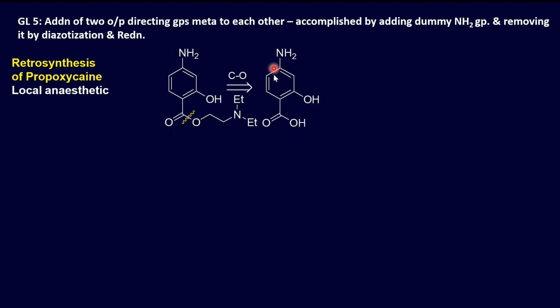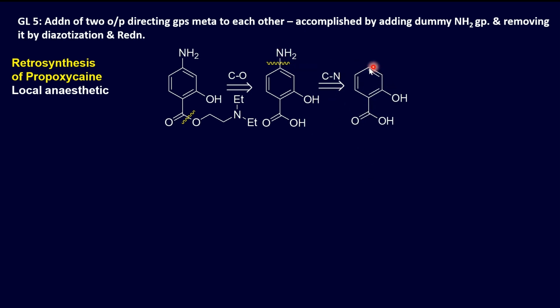I can take the corresponding aminosalicylic acid. Right. Here I can break open this amino group. Amino group is ortho-para directing, OH is ortho-para directing, and both are meta to each other. In that case, how should I do it? I'll break over here CN.